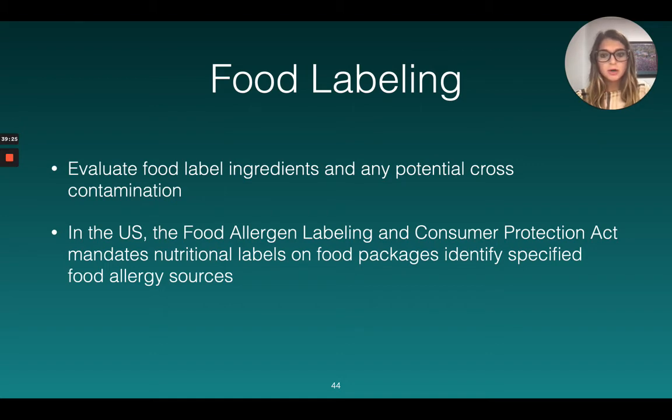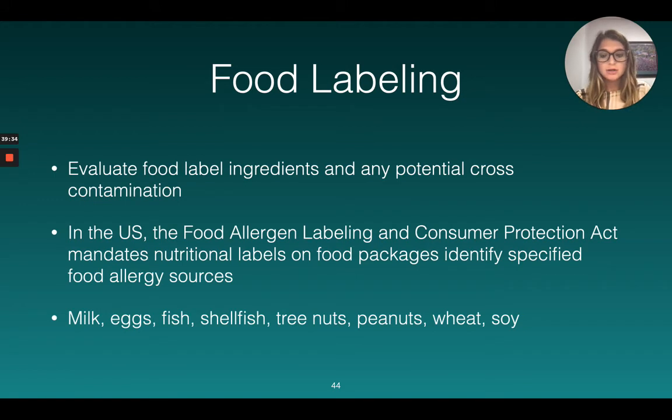So the labels on food items have to have the list of any potential food allergy sources. If a food item contains any of these top 8 ingredients, they have to be listed on the label in order to let the consumer know that there's a potential allergy in here.